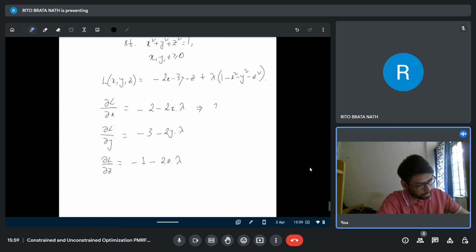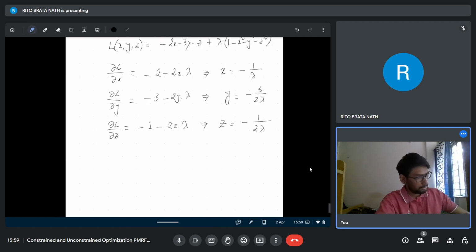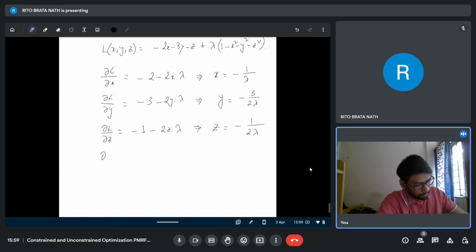So from here you can write x equals minus 1 by lambda, y equals minus 3 by 2 lambda, and z equals minus 1 by 2 lambda. And obviously you also have del L del lambda equals 0, so that's 1 minus x squared minus y squared minus z squared equals 0.